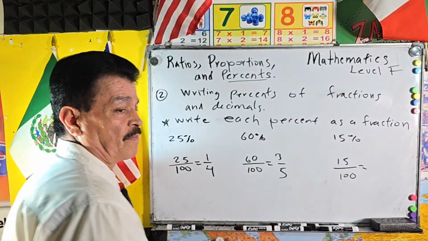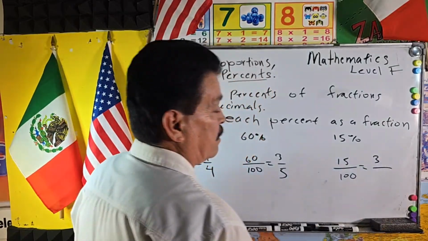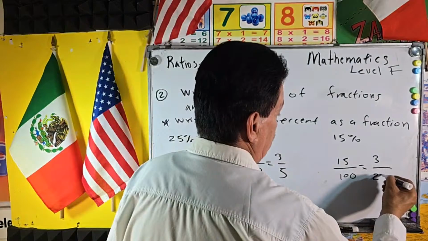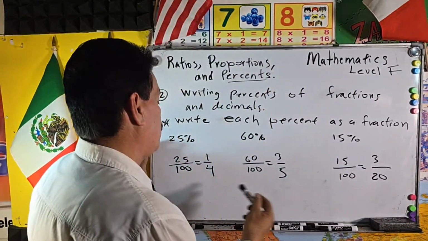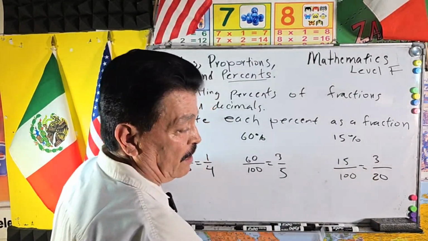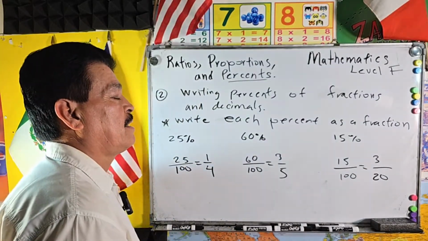I am writing only the simplest fraction. Here is 15 over 100, right? So divide by 5. Divide both numbers by the same number. Right? There are several ways to get that answer.